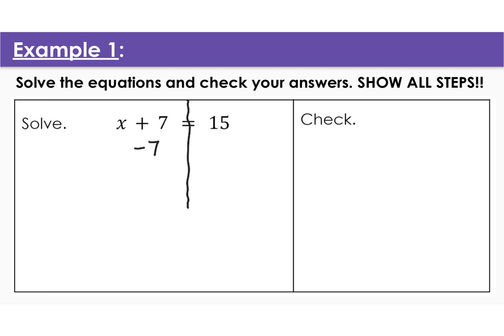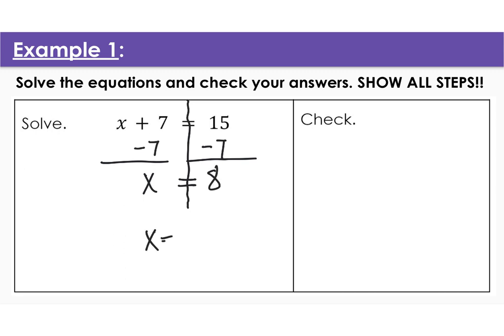Whatever I do on one side of the equal sign, I have to do on the other. So I will subtract 7 from both sides. 7 minus 7 is 0, which leaves me with x. Bring down my equal sign. 15 minus 7 is 8.